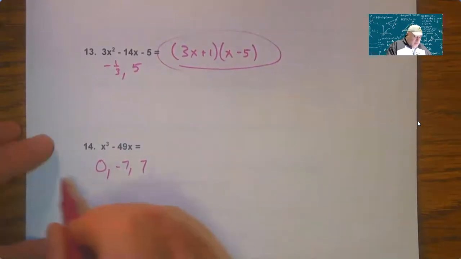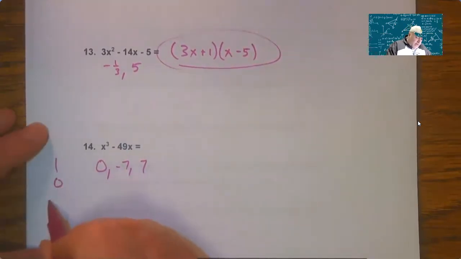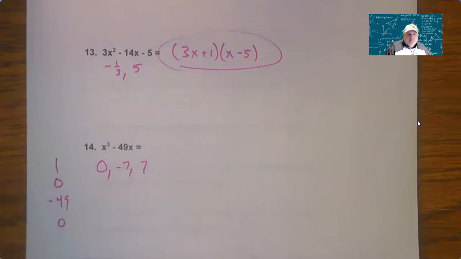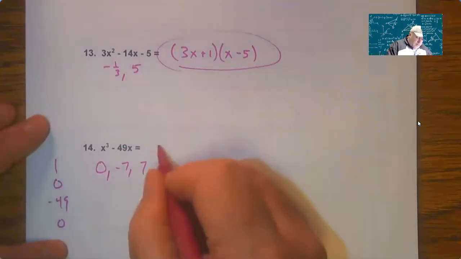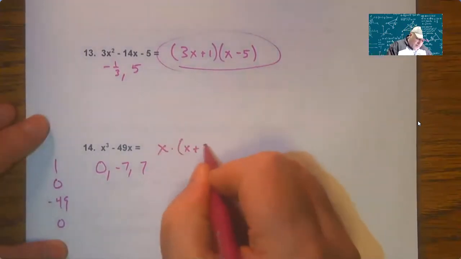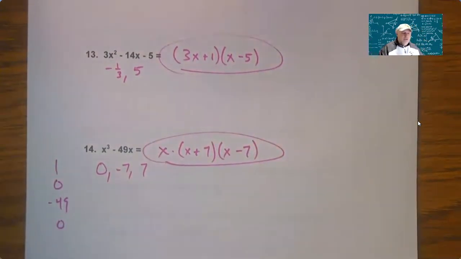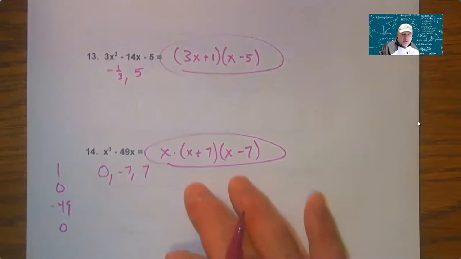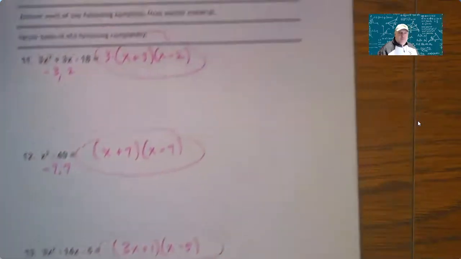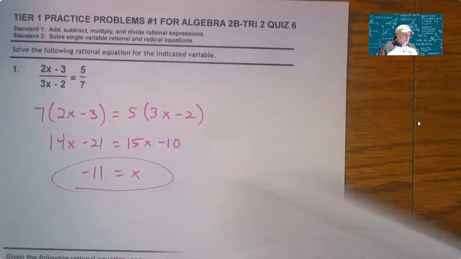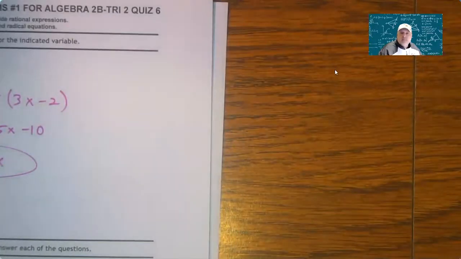And so you'd put 1, 0, -49, 0 into PolySimul 2. So we have x times x plus 7 times x minus 7. So you just step it up a notch to do that last one to a cubic. And that is practice quiz 1 for quiz 6 in the second try, Algebra 2B.